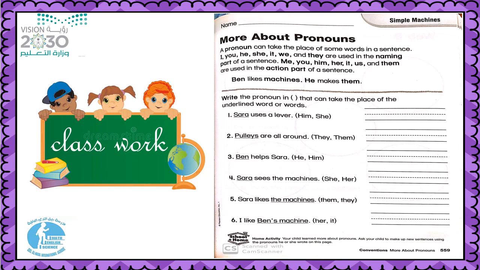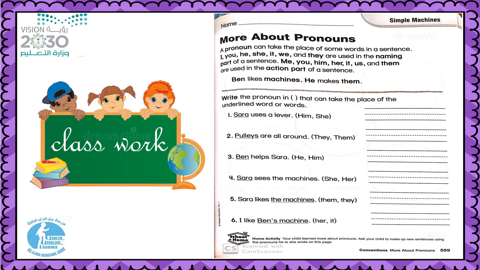Number 6. I like Ben's machine. Okay. I like. Like is a verb. After the verb, what are we going to use? And it's Ben's machine. Machine is a thing.